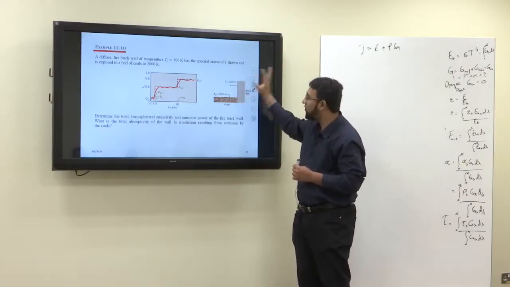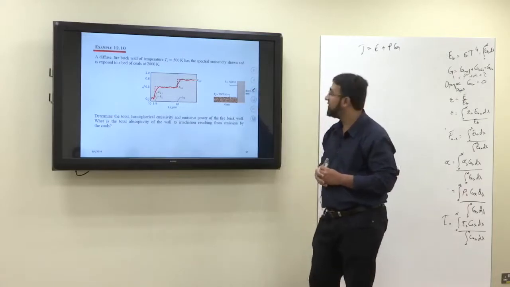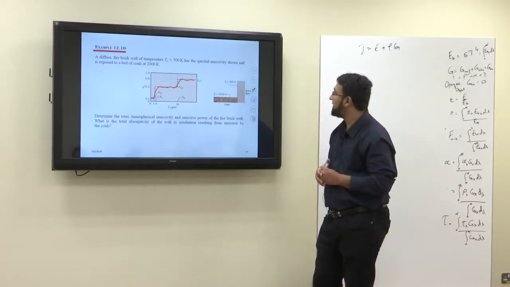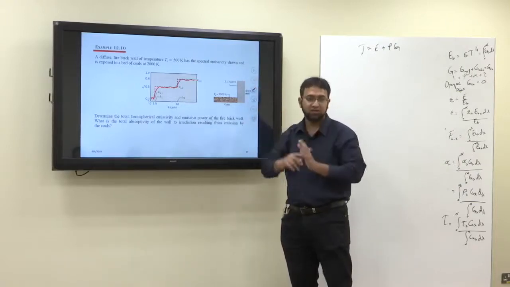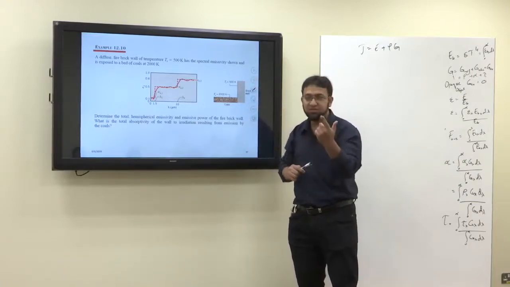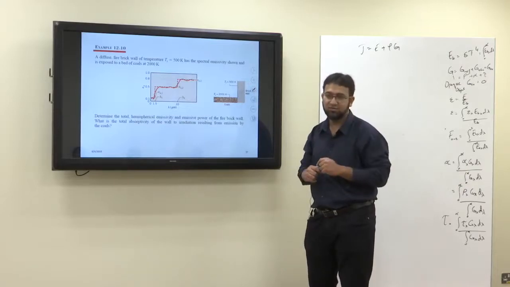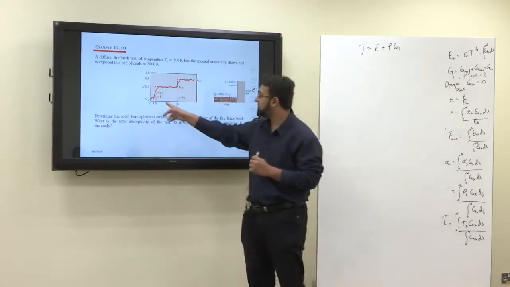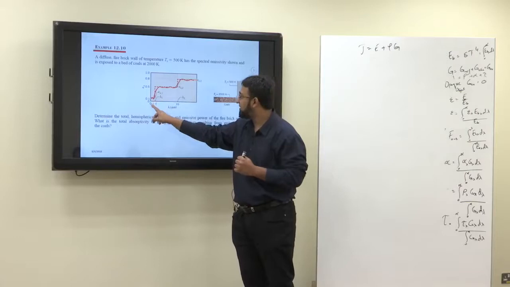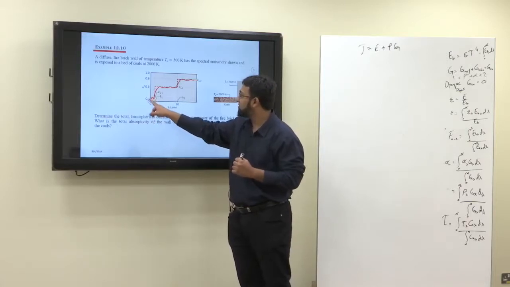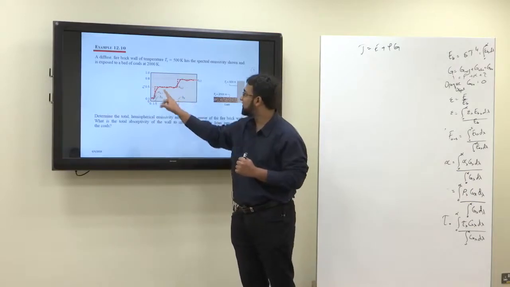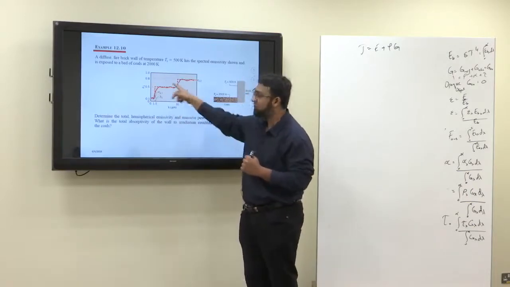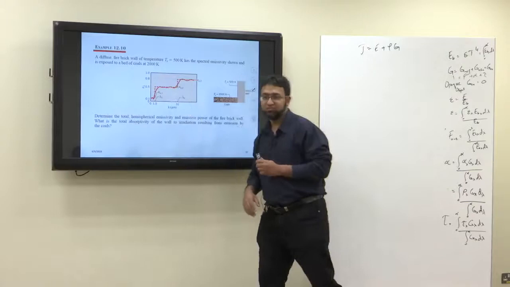Obviously, since it has a certain temperature, it is emitting radiation. The emissivity is a function of wavelength here. Between 0 to 1.5 micrometers the emissivity is 0.1, between 1.5 to 10 the emissivity is 0.5, and between 10 to infinity the emissivity is 0.8.